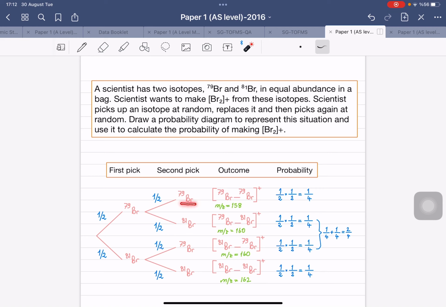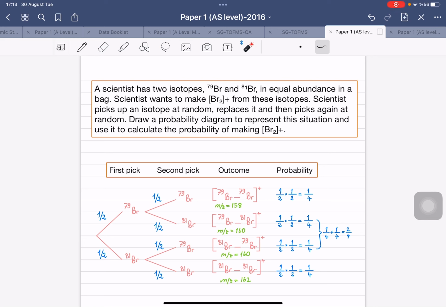If I get bromine 79, then I will make this molecular ion. My first pick and my second pick both have the same isotope, bromine 79, which gives me a mass to charge ratio of 158.